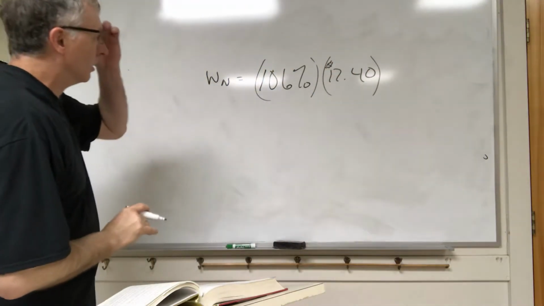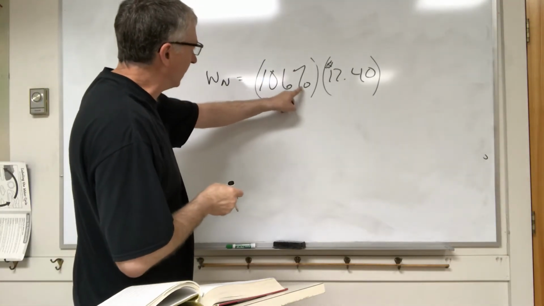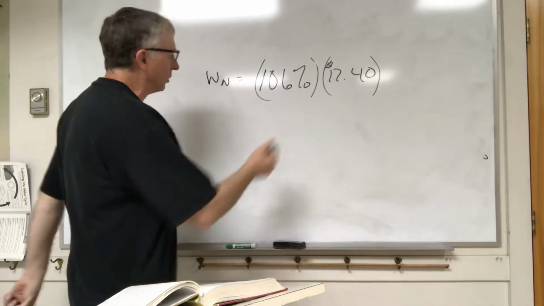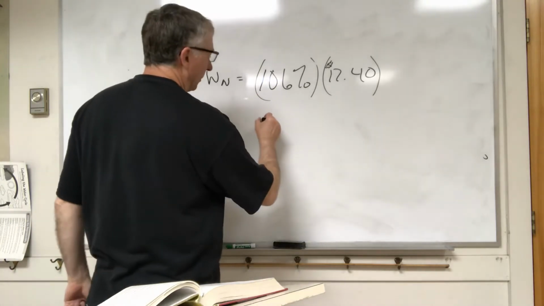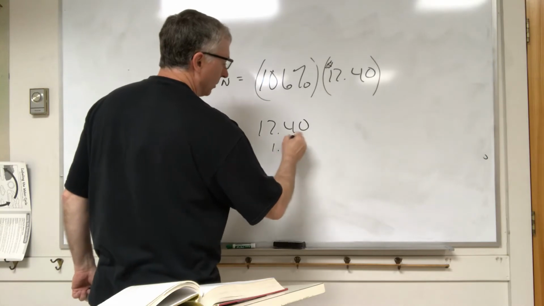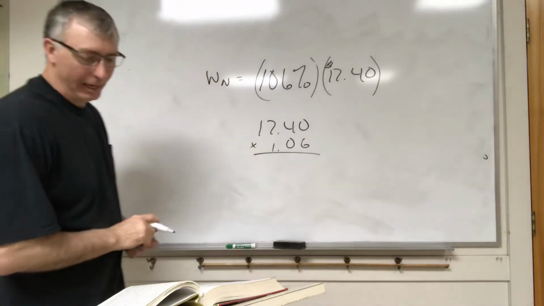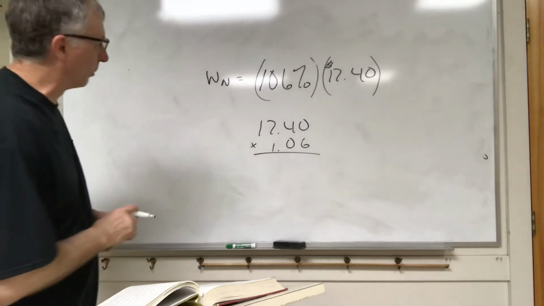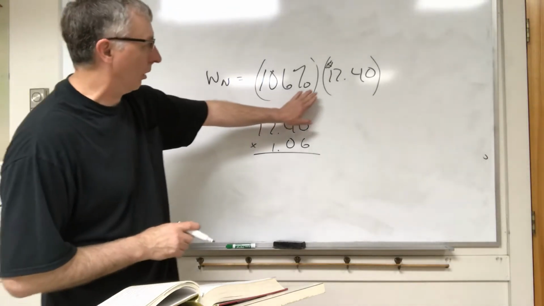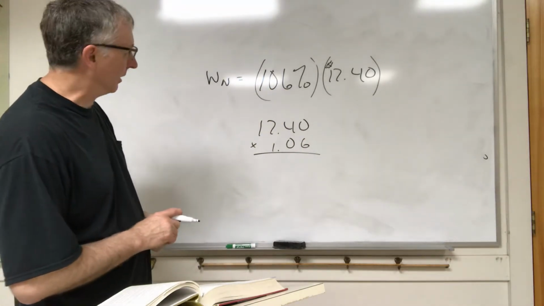Okay, so what I would do here is remove my percent sign and move my decimal point 2 places to the left, and I would just go 12.40 times 1.06, and do the math, and that is $13.14. So we know it's going to be more than 12.40 because my percent is greater than 100%.